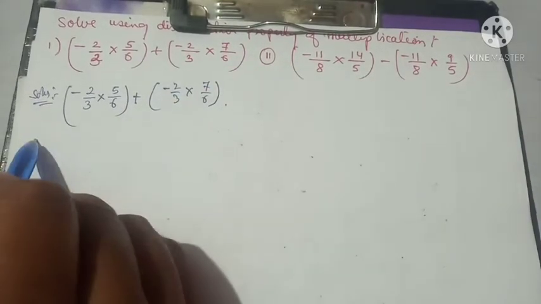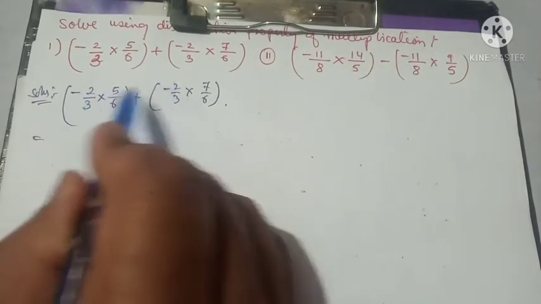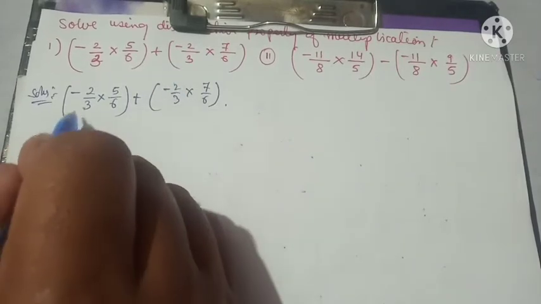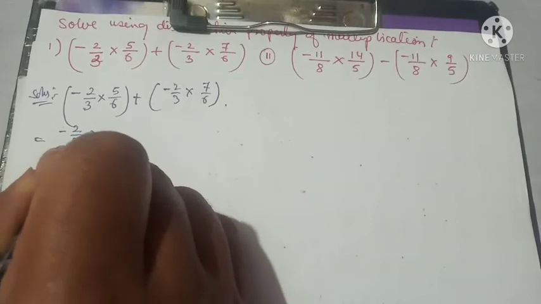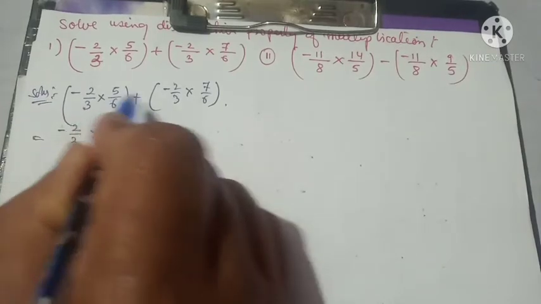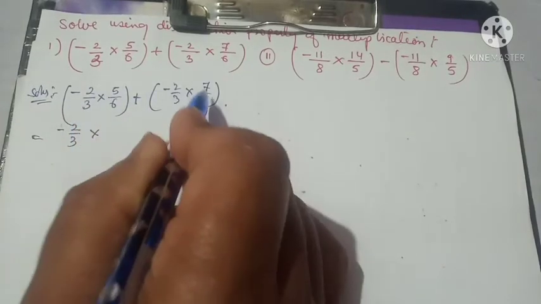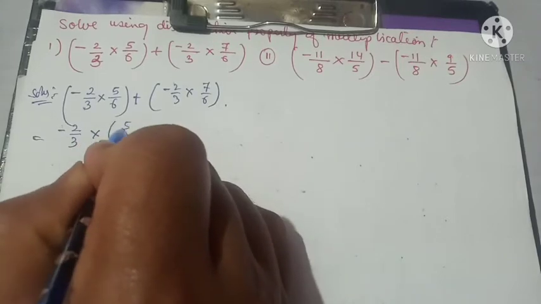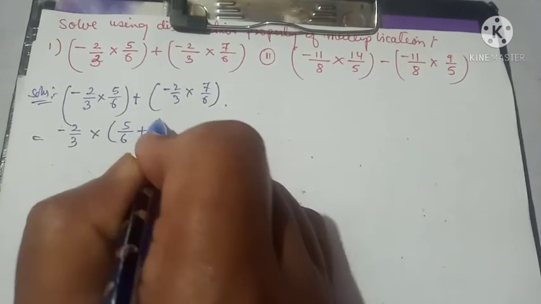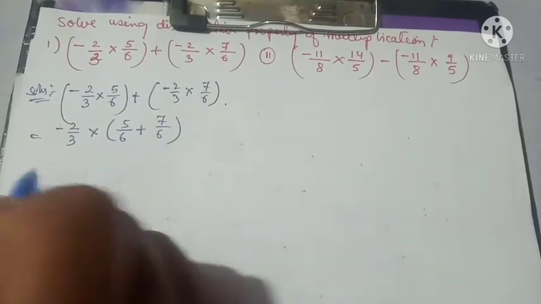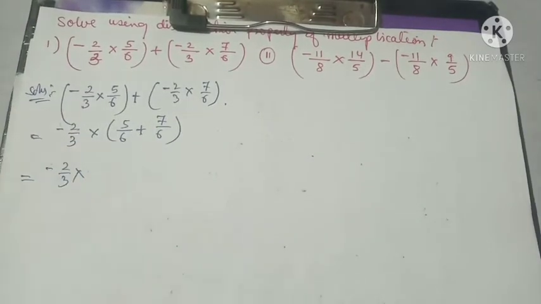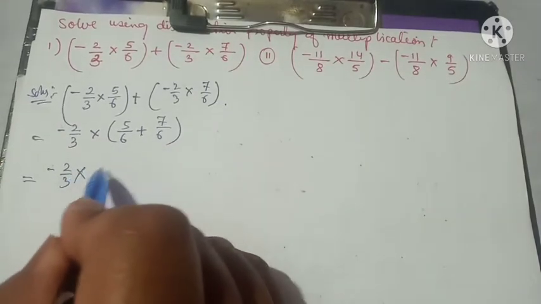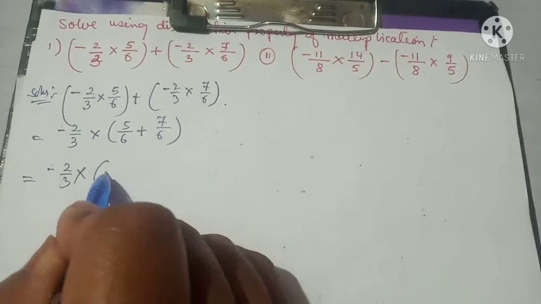So we can take common minus 2 by 3, which is in the form of P by Q. This 5 by 6 will be R by S and this 7 by 6 will be U by V, put under the bracket. Understand? Here comes minus 2 by 3. Now what we have to do is take the LCM of 6 and 6. LCM of 6 and 6 is 6.